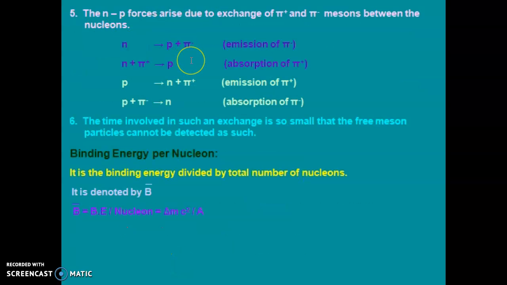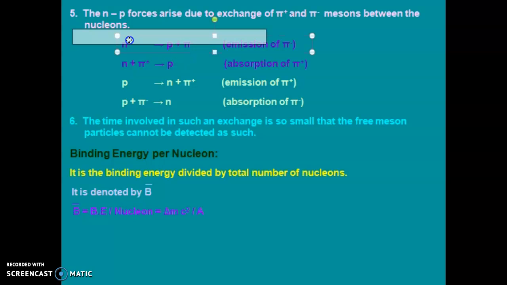Now the next: neutron-proton forces arise due to exchange of pi positive and pi negative mesons between the nucleons. For example, neutron changes to proton. As we know, neutron has zero charge and proton has a positive charge.